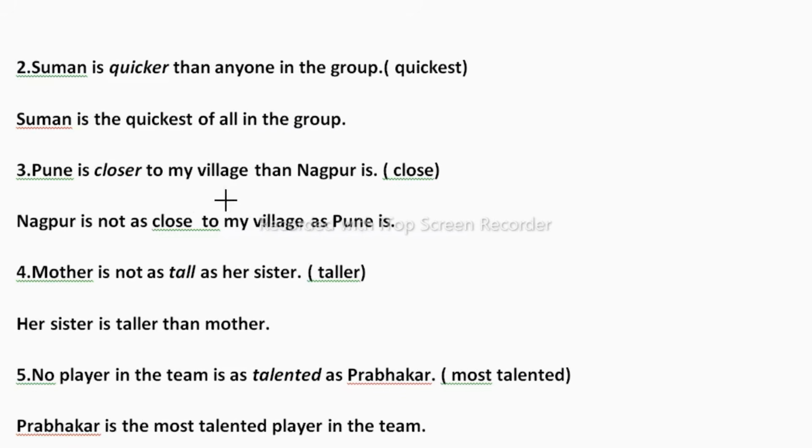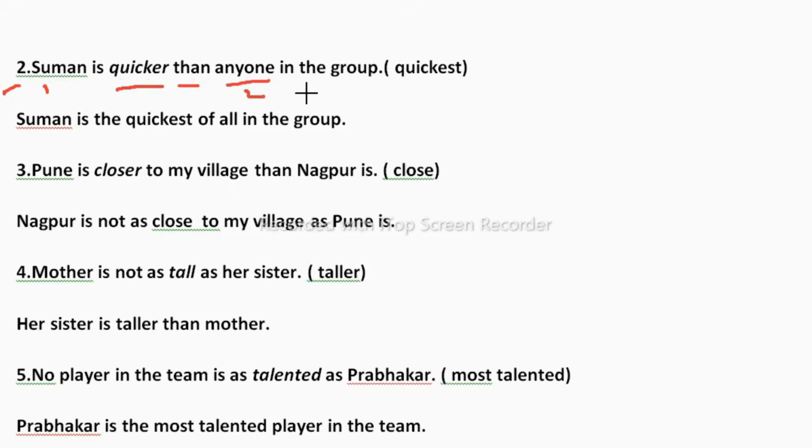Okay, now let's find out this one. Suman is quicker than anyone in the group. So here they have used comparative degree, because here they are talking about one, Suman, and the second one is anyone. So here they are talking about two persons, and that's why they have used this comparative degree. But they are asking us to write the same sentence without changing any meaning.